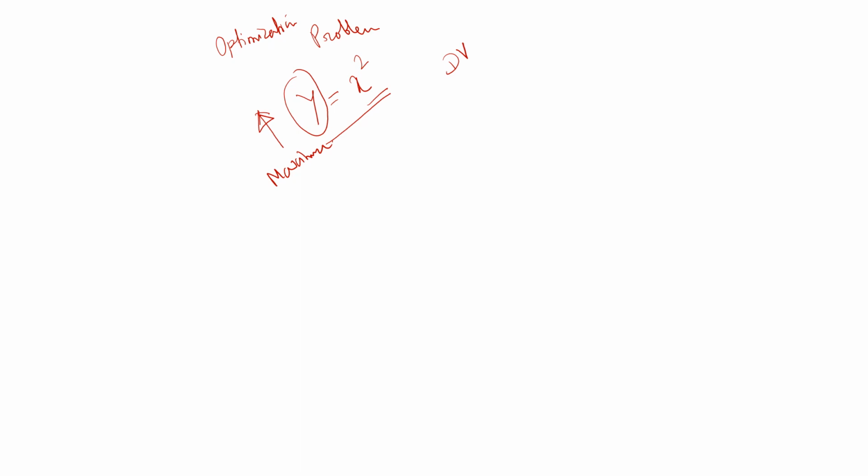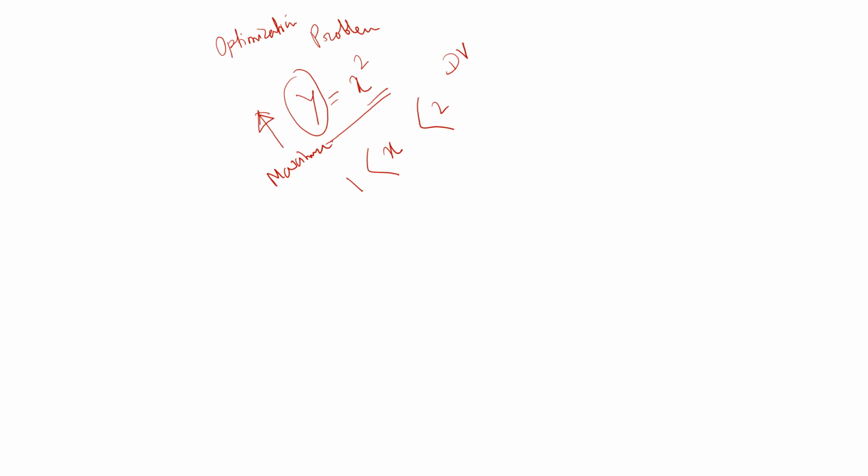Now the constraint is x can be varied between, suppose, 1 and 2. It can never take the value of x as 1 or x as 2, but it can take values of more than 1 and less than 2. So this is a problem.